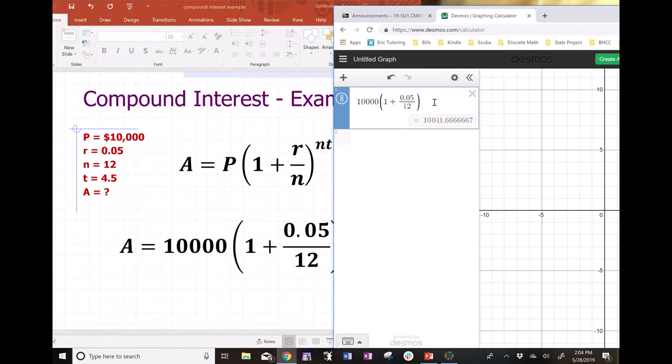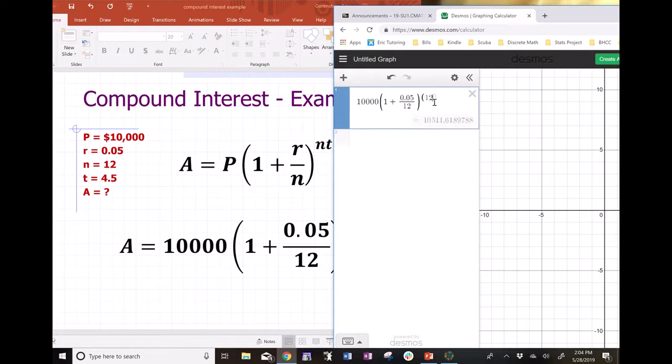And close the parentheses. I'm just using the keys on the keyboard. So the slash is division. There's a plus key. There's a minus key. The times key is the asterisk, Shift 8, and the exponent is the caret, so Shift 6. So I'm going to go to the power of n times t. So I'm going to put this in parentheses, so the whole thing becomes the exponent.